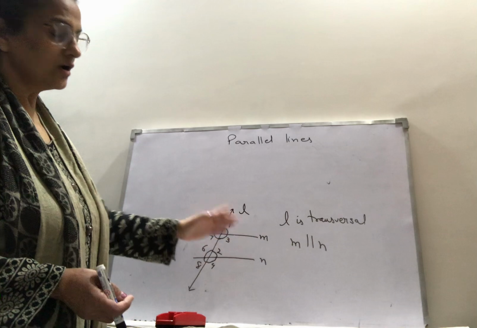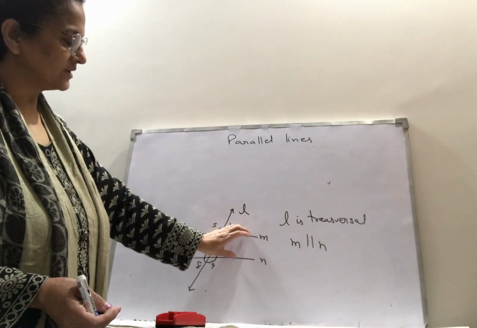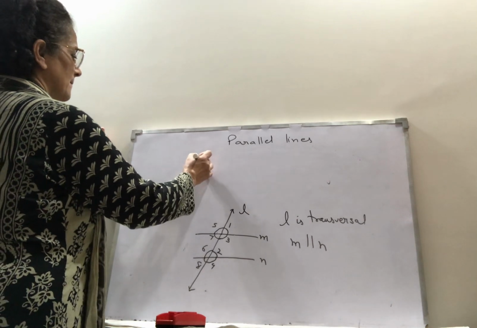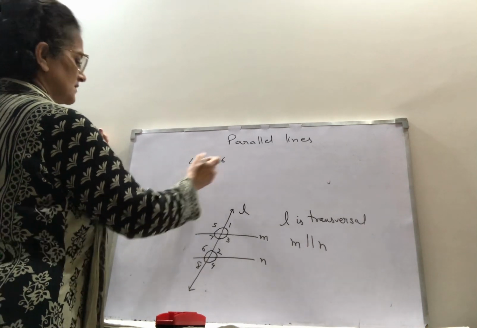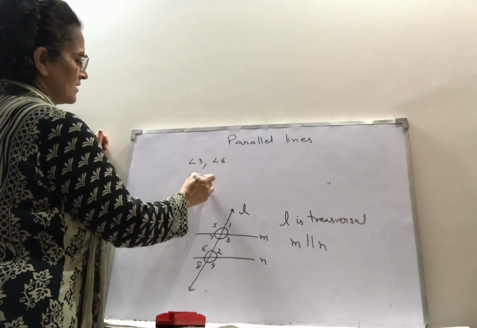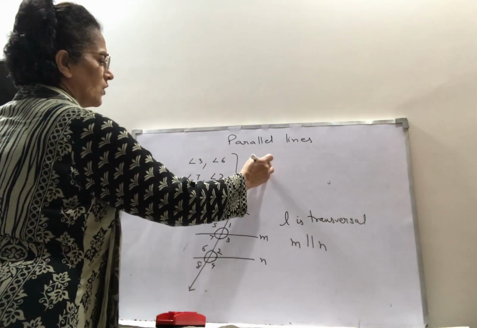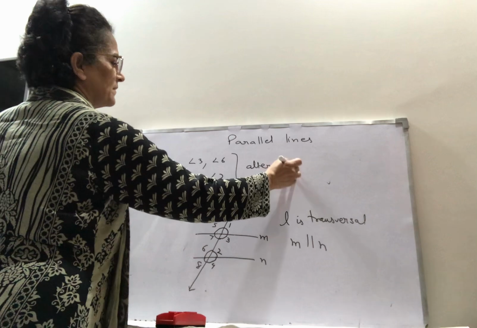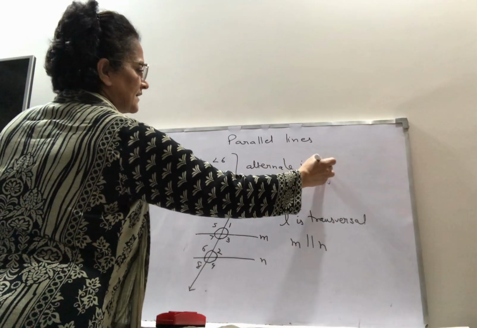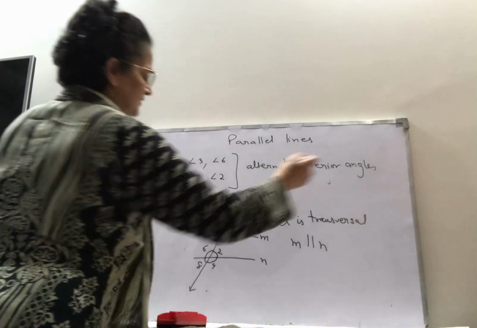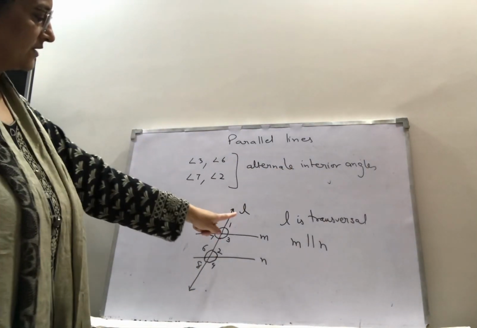So they are called alternate and within the line they are called interior angles. So angle 3, angle 6 and angle 7 and angle 2 are called alternate interior angles.